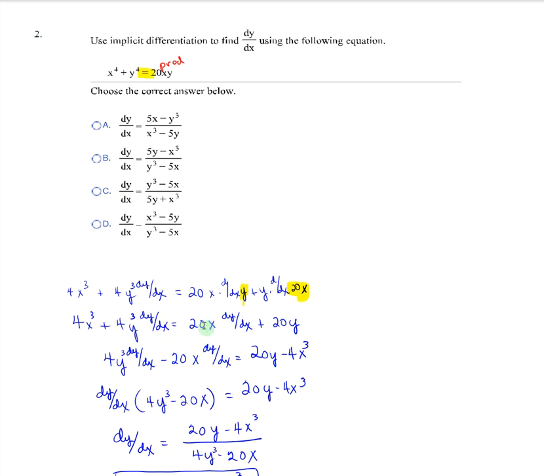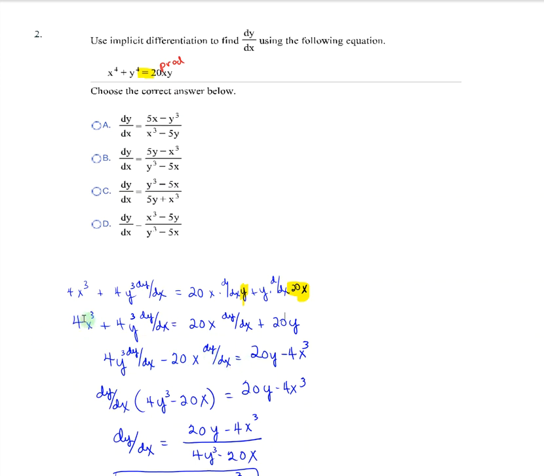What did I do? I moved this term to the left, and I moved the 4x cubed. I didn't move him at all. So I just moved this over here, and I've got 4y cubed dy dx minus 20x dy dx.